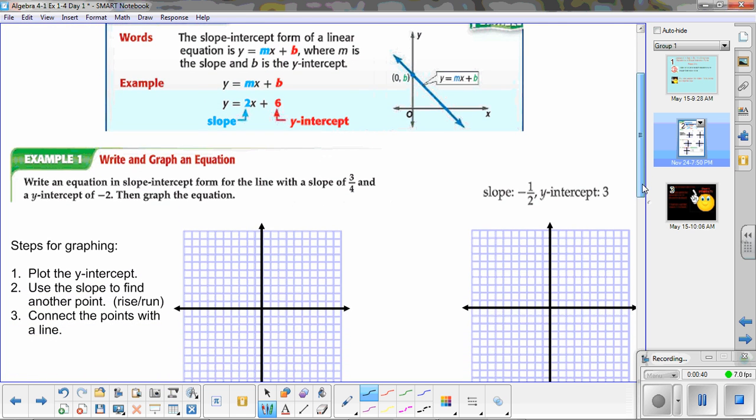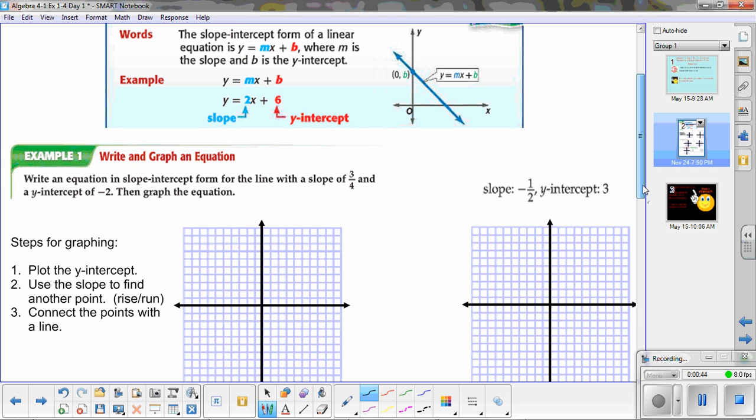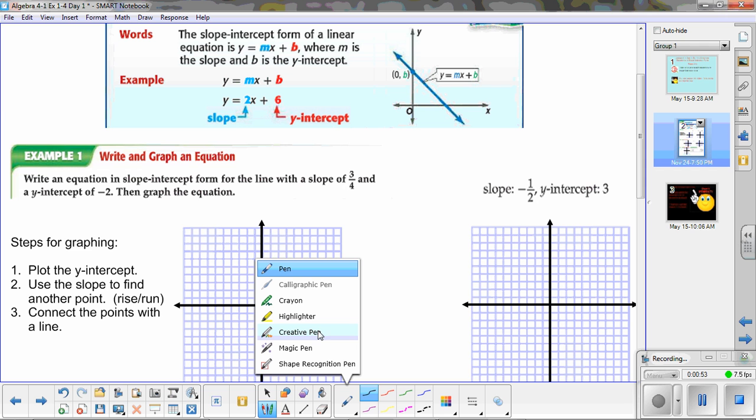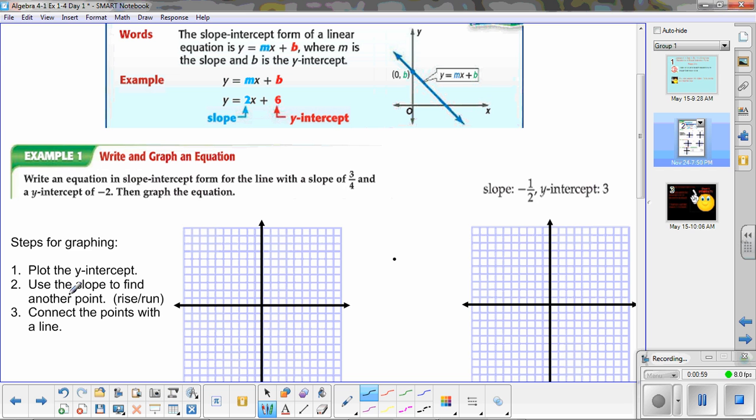In example 1, it says write an equation in slope-intercept form for the line with a slope of 3/4 and a y-intercept of -2. Then graph the equation. So if I wanted to write this in slope-intercept form, that's going to be y equals mx plus b.